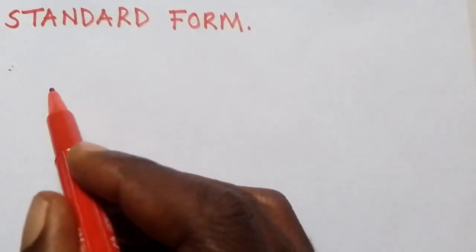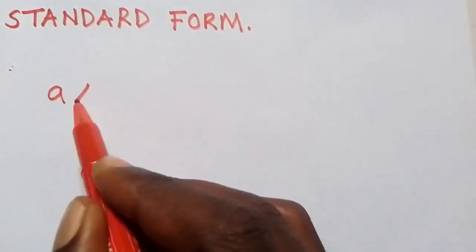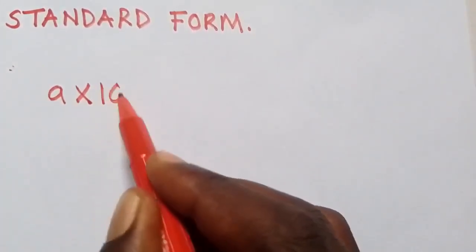Look at standard form. Standard form is just a method of expressing numbers in the form a times 10 to the power n. This is what you need to know and understand.